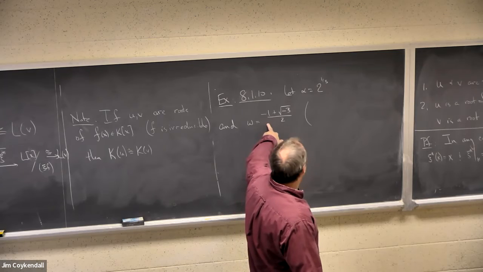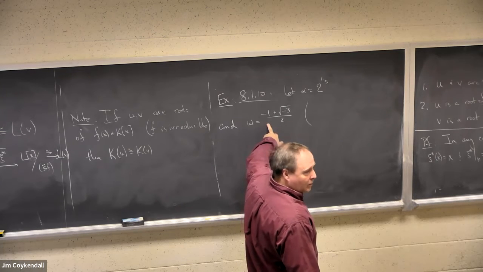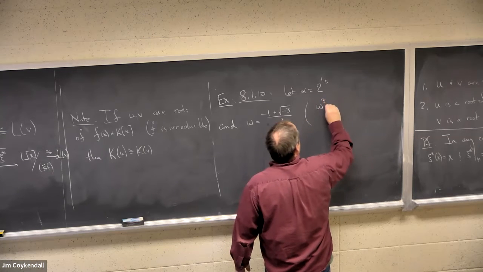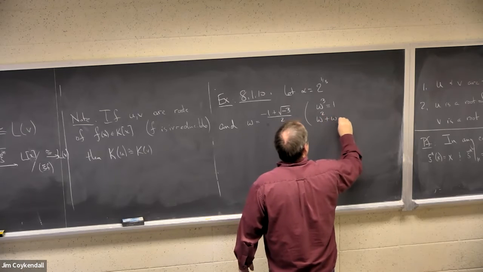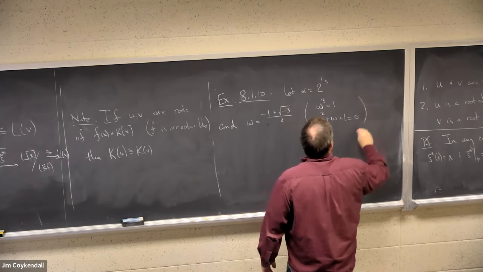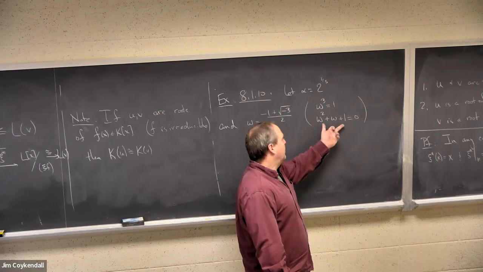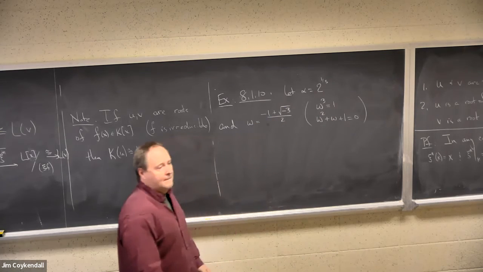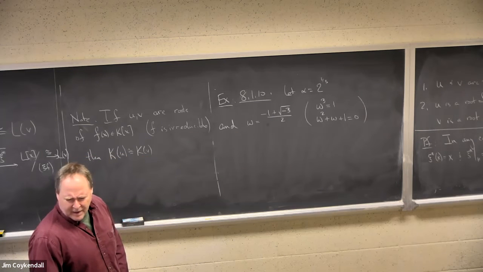If you cube this, it is actually e to the 2πi over 3, cubed, so if you cube it, you get 1. Notice that this satisfies this, and more particularly, it's a root of this polynomial. In fact, this is a factor: if you multiply this by omega minus 1, you get omega cubed minus 1. This is a primitive third root of unity.